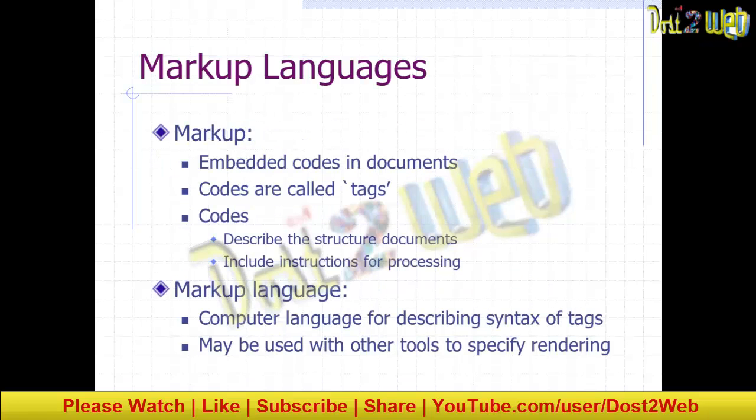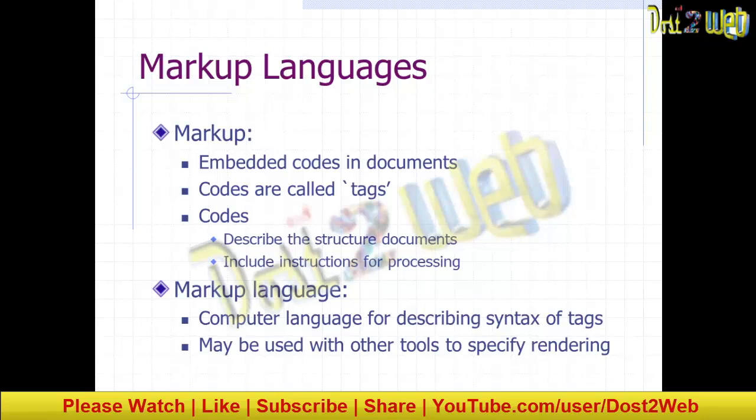When you talk about markup language, what is a markup language? Markup means embedded codes in documents. Whatever code you write should be embedded, that means added into the document, and that code will be called tags, which I mentioned in the previous presentation.